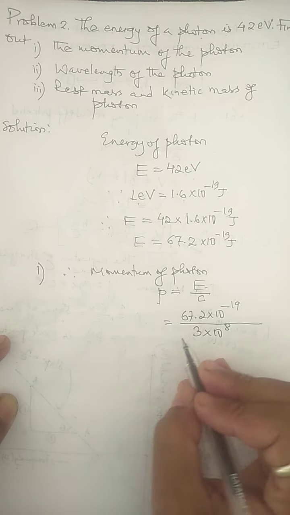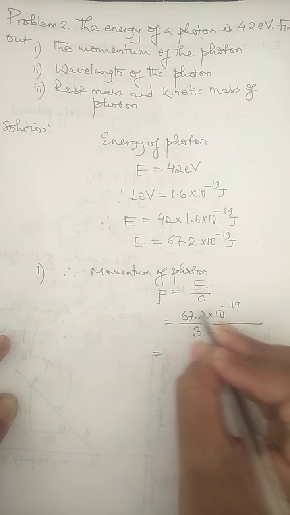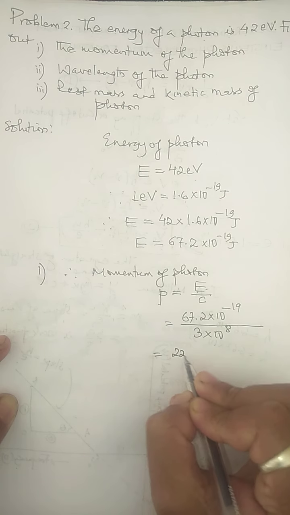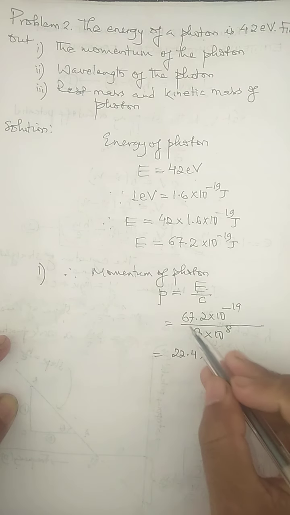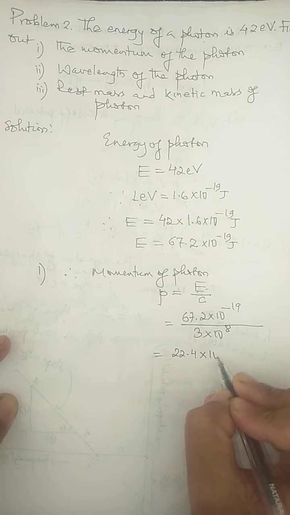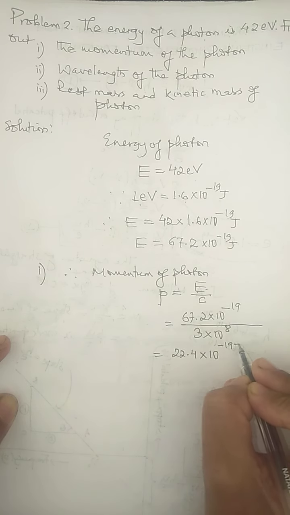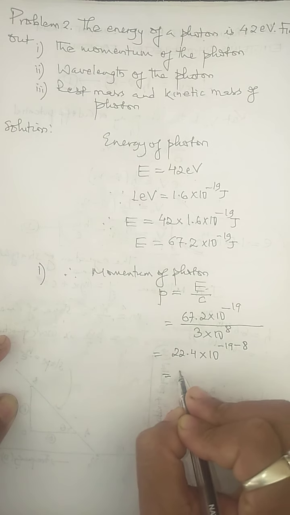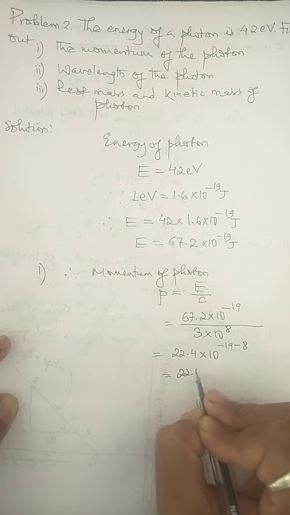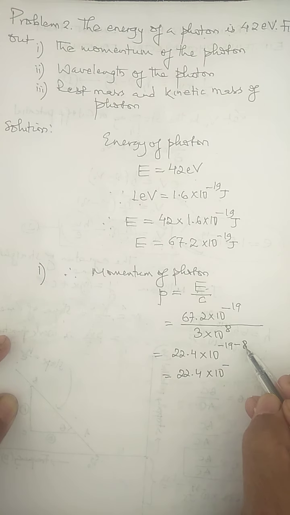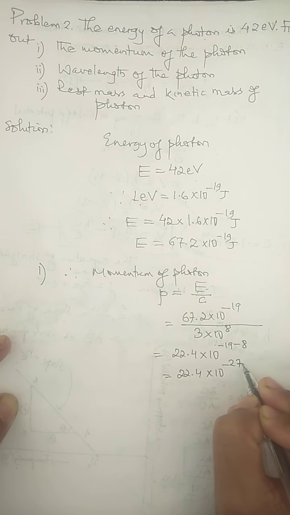Now we can do the division. 67.2 divided by 3, you get approximately 22.4 into 10 power minus 19, and the 10 power 8 in the denominator, if I take it to the numerator, is minus 8. So it is now 22.4 into 10 power minus 19 minus 8, which is minus 27.